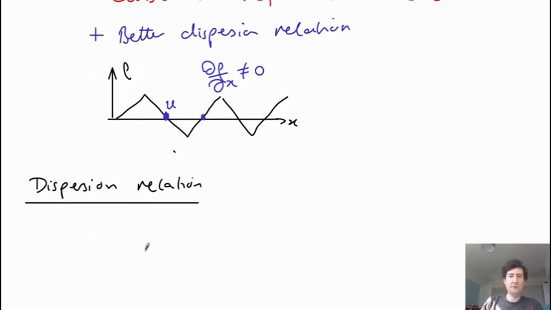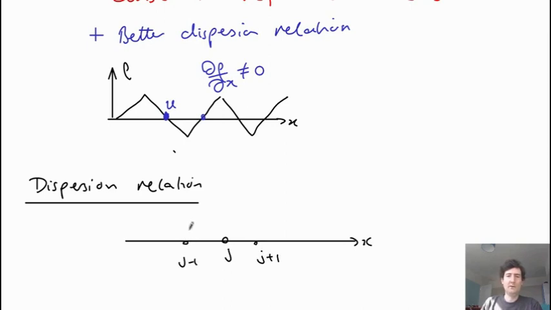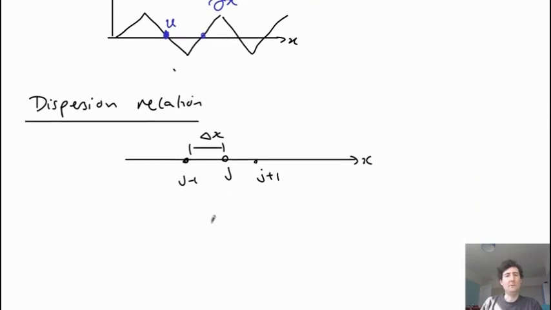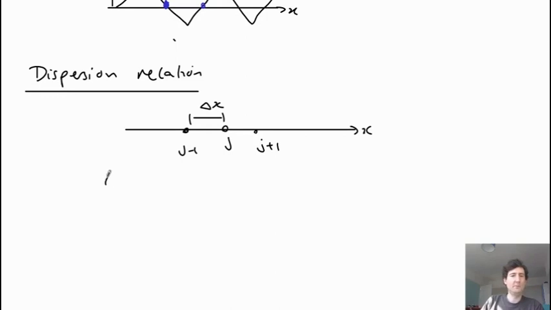And I'm going to just do it in one dimension, so this is in x. I'm going to label j as the cell number, so this is j plus 1, so this is j minus 1, and I have a constant distance here, which is delta x between grid cells. And I'm going to solve an equation which is just a simplified sound wave again.